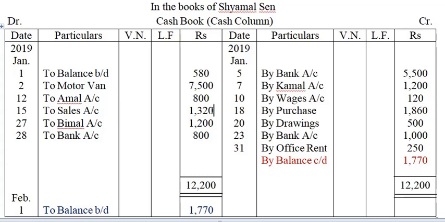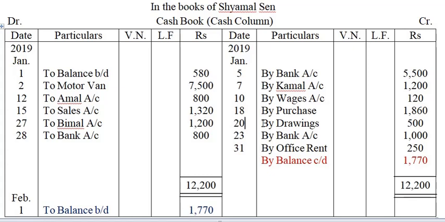Okay. So on 18th, bought goods for cash. You are purchasing goods. So you write by purchase on 18th January and the amount will be 1860. Okay. And on 20th January, you are withdrawing cash for personal expenses.